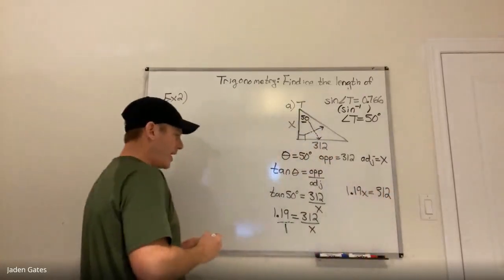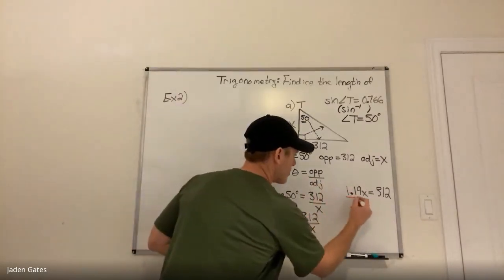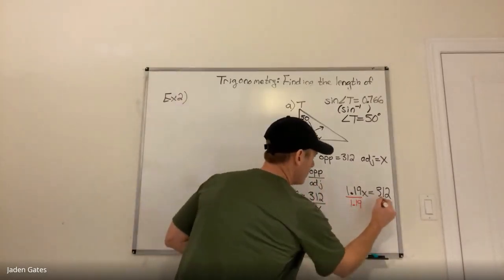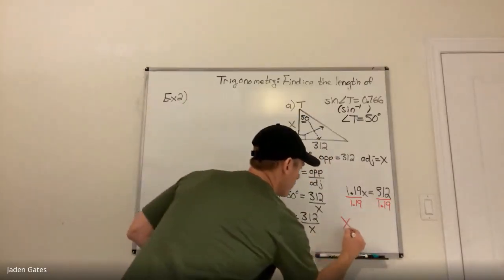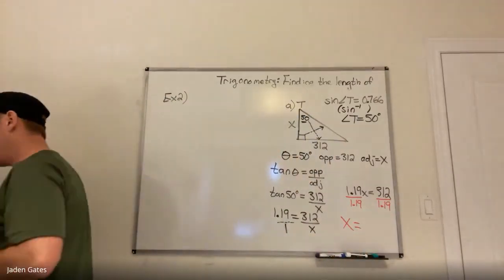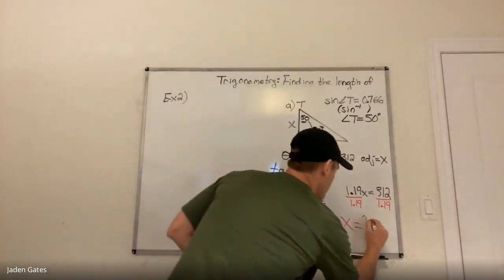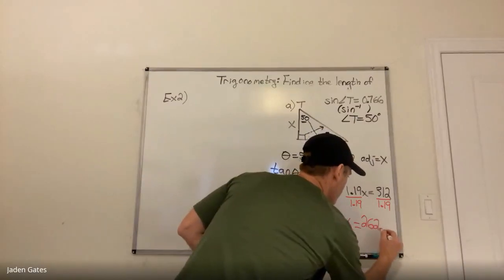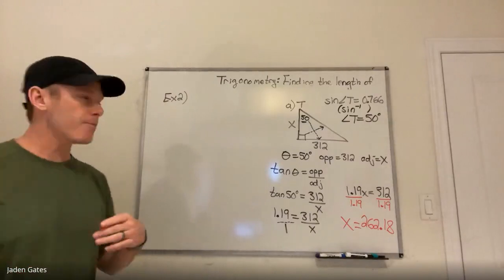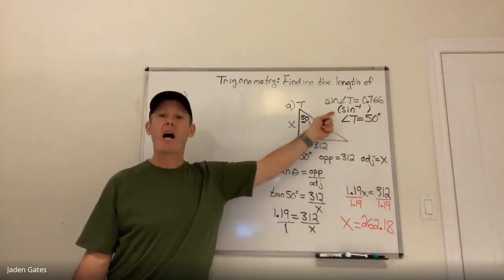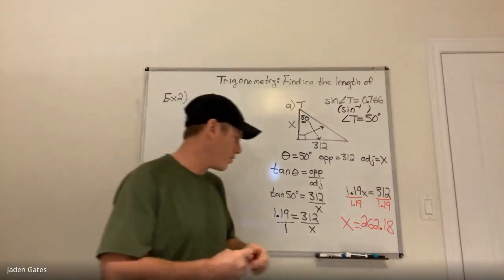And then my last step, to get x by itself, I have to divide both sides by the 1.19. And if I do that, 312 divided by 1.19 is going to be 262.18. There we go. So again, the same steps, just this sine inverse going in backwards that was different in the end, or at the start.